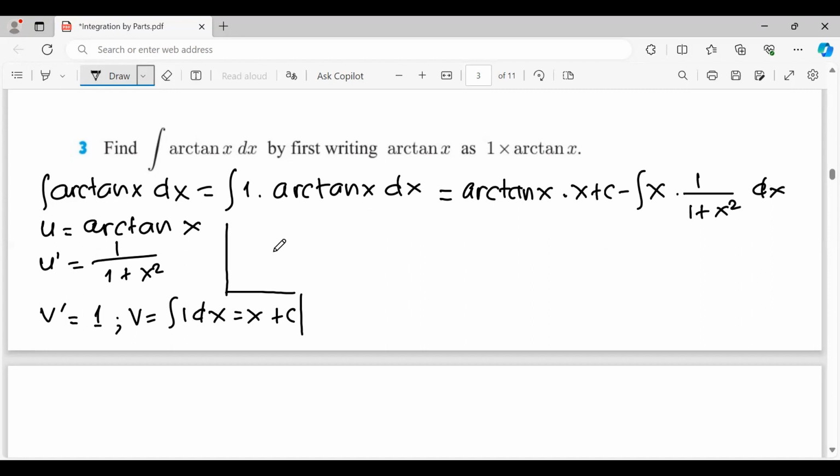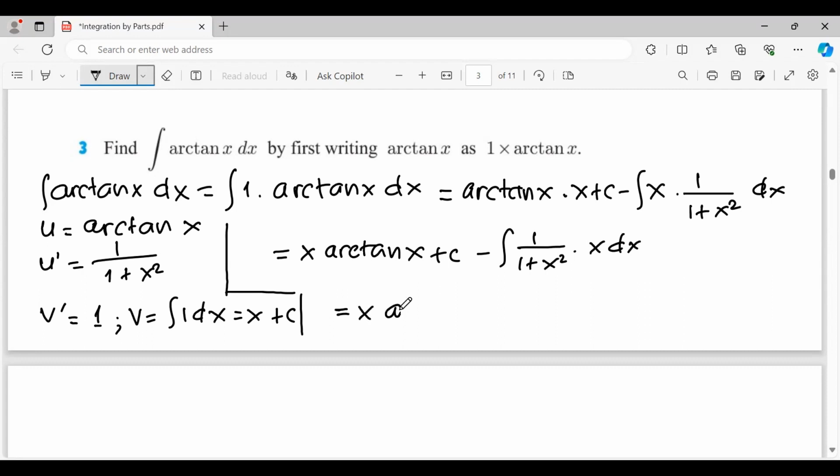And next, x times arctangent x plus c minus integrals, these integrations by substitutions, 1 over 1 plus x squared times x dx. Arctangent x minus this is half.